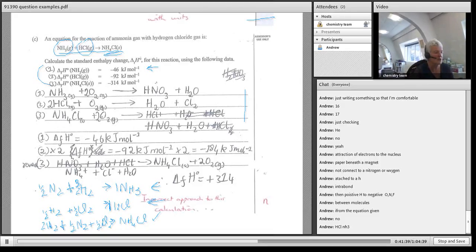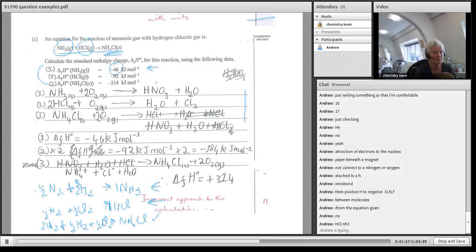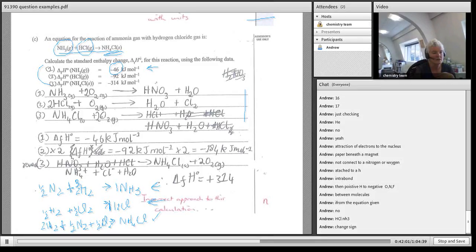I'm not going to redraw them because I'm a little bit slow using this and my writing's quite messy. But if I reverse the ammonia, what happens to the sign of my thermochemical data, my delta H? It changes sign.